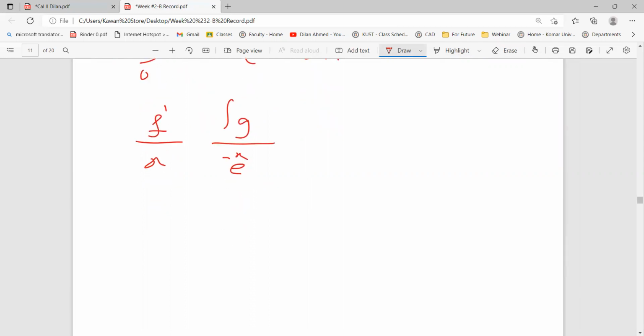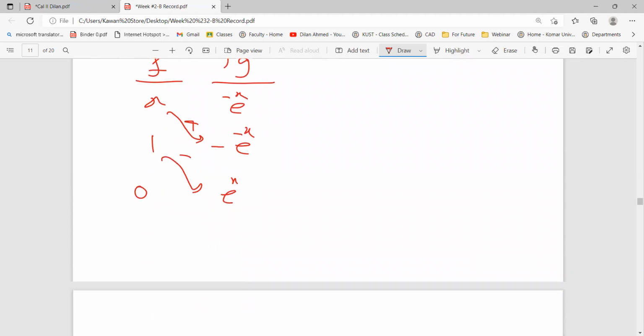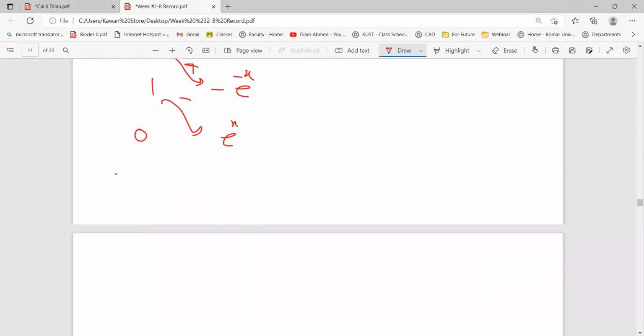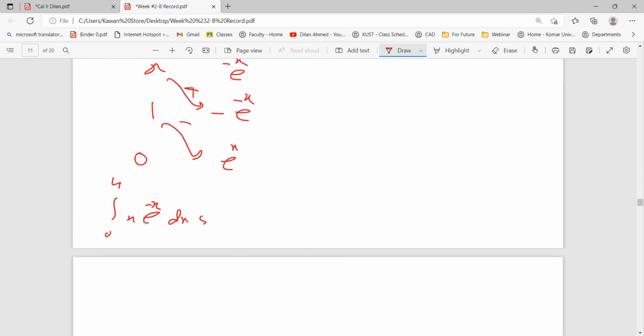Derivative of x is 1, integral of e to power minus x is minus e to power minus x. Derivative of here, 0, derivative of here, e to power minus x. Now we have positive, negative. So the result of this integral from 0 to 4, x e to power minus x dx, will be minus x e to power minus x minus e to power minus x, from 0 to 4.